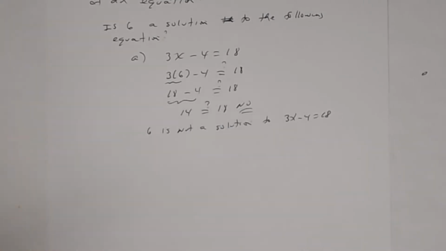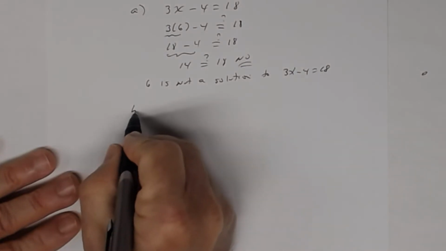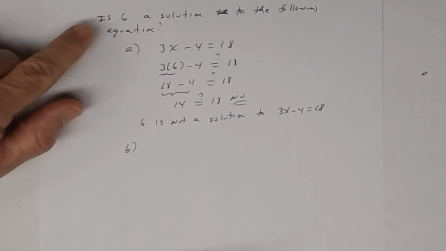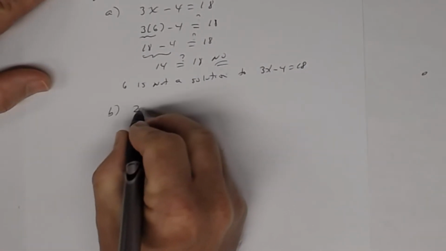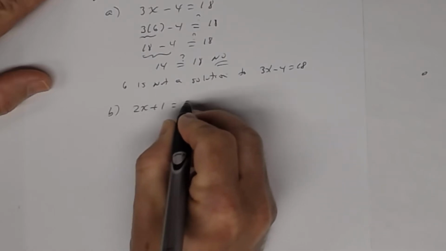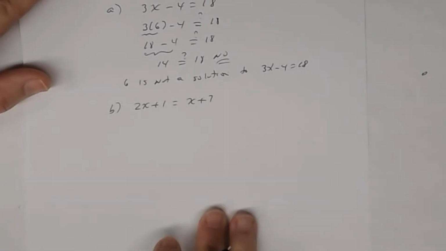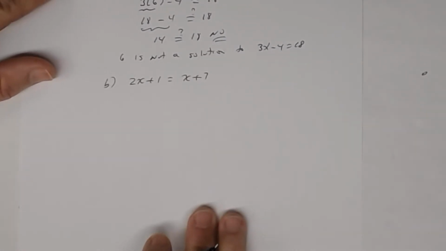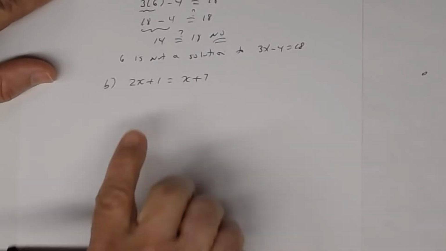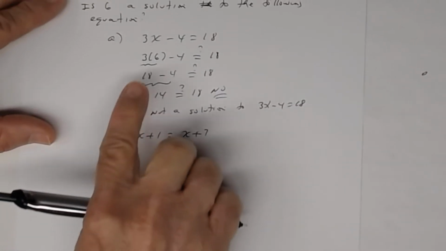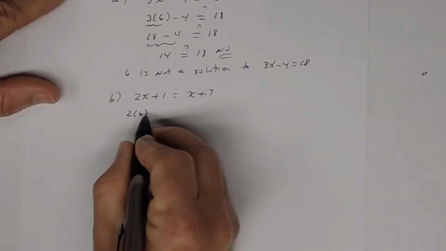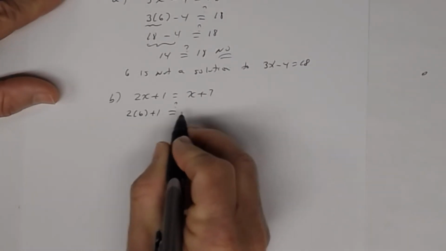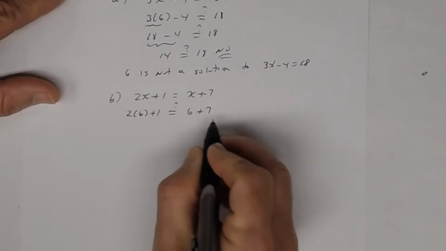Now let's look at the next one. Suppose I had this equation instead, with the same directions: is 6 a solution? 2x plus 1 equals x plus 7. In place of x, you substitute 6 just like we did here. So we have 2 times 6 plus 1, and I want to see if that equals 6 plus 7.